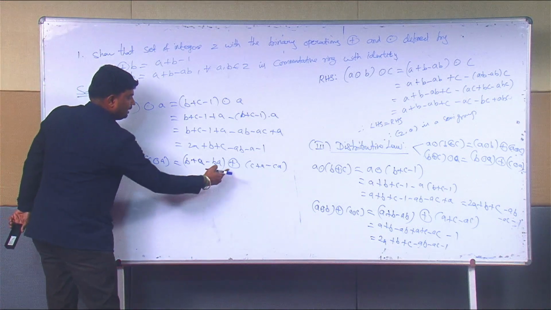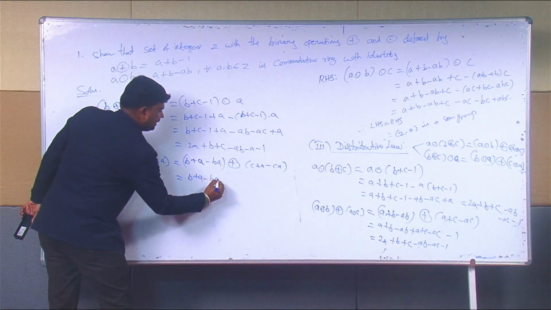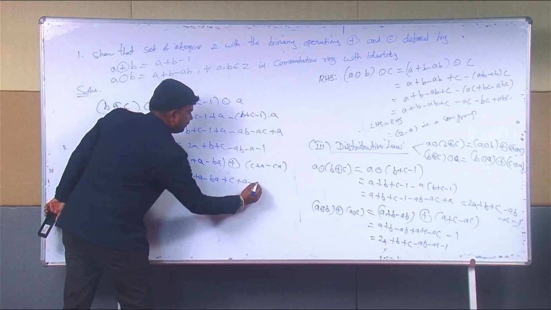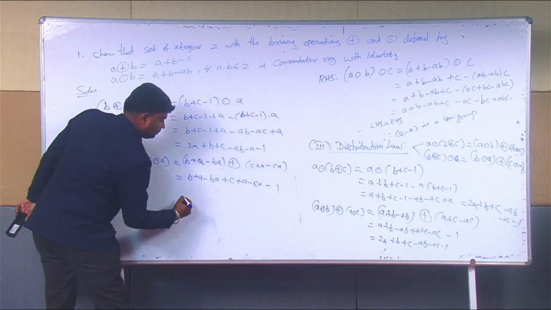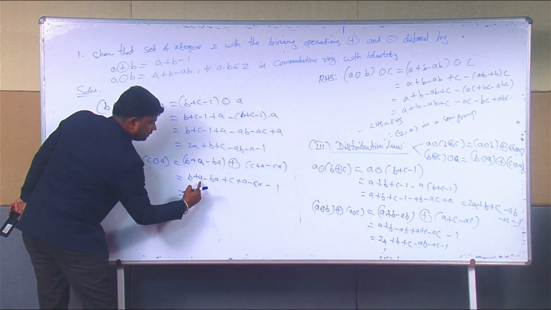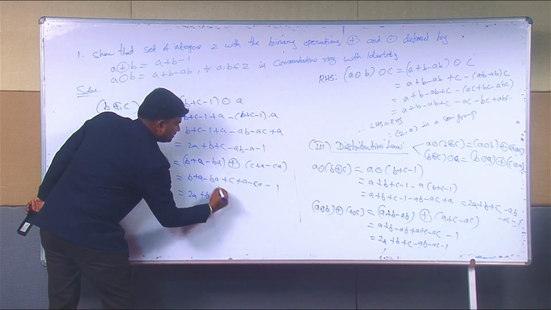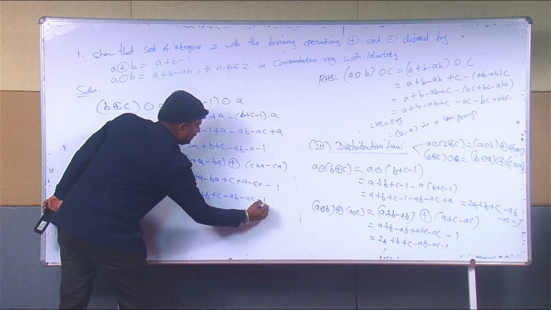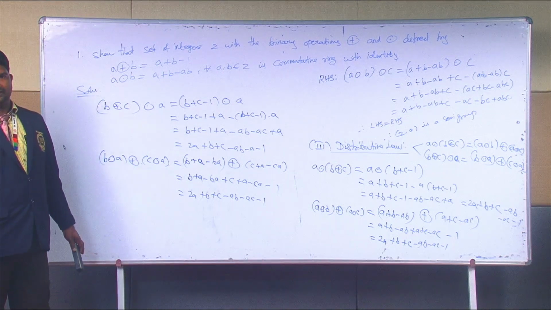Next, the addition modulo condition: B plus A minus BA plus C plus A minus CA minus 1. Simplifying this, we get 2A plus B plus C minus AB minus AC minus 1. So both of them are the same, so the second distributive law is also satisfied.